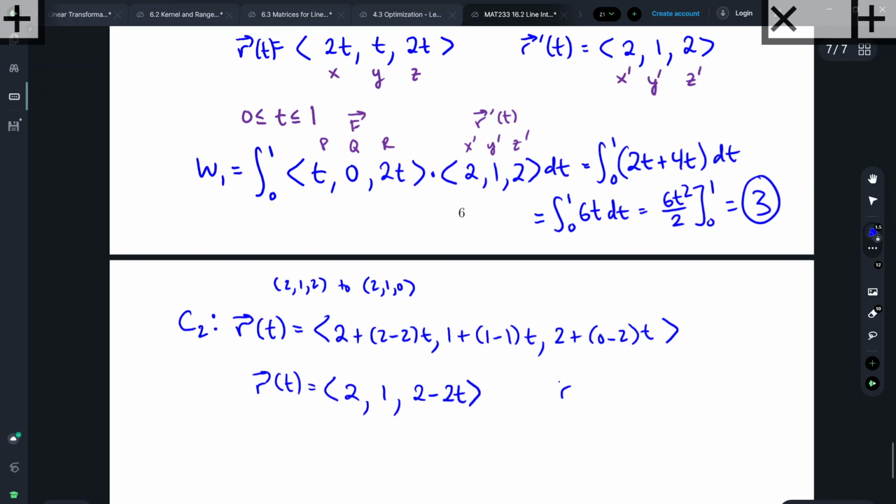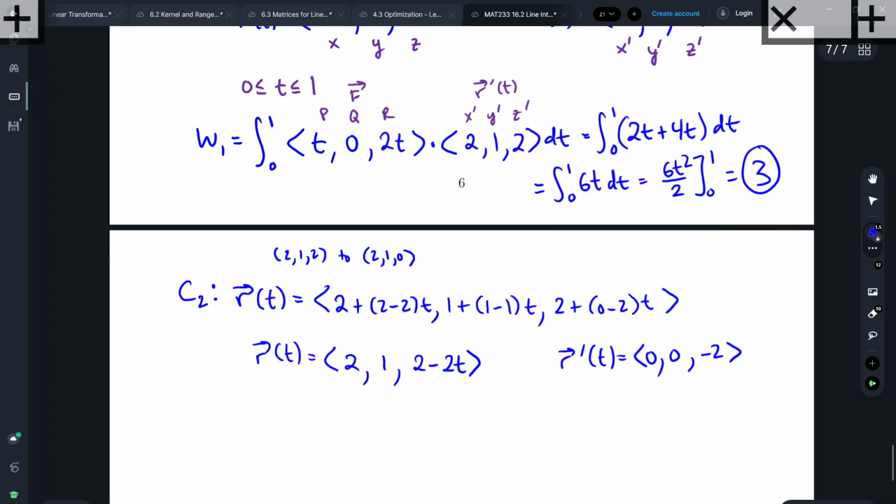Okay, so that's r of t, and then r prime, derivative of a constant is 0, so this is 0, 0, negative 2. Okay, so again, we have t going between 0 and 1.